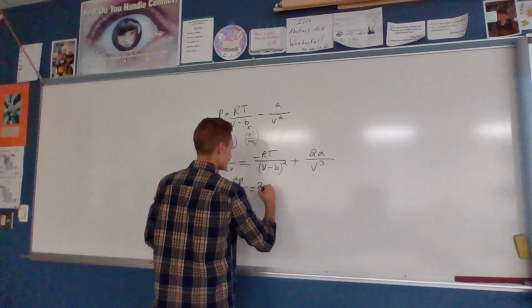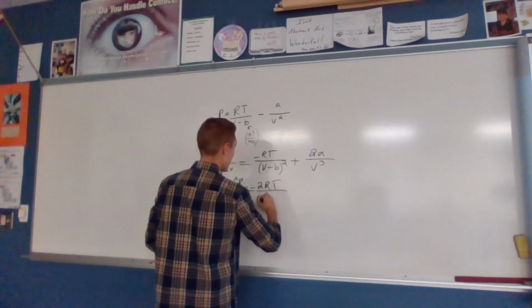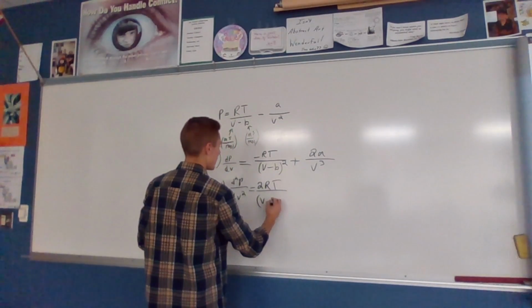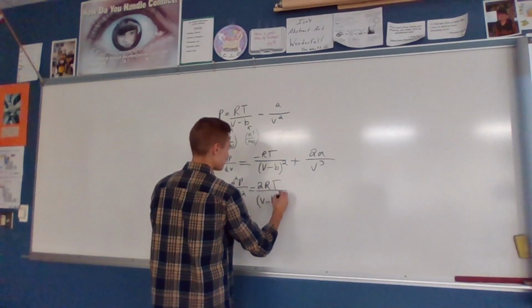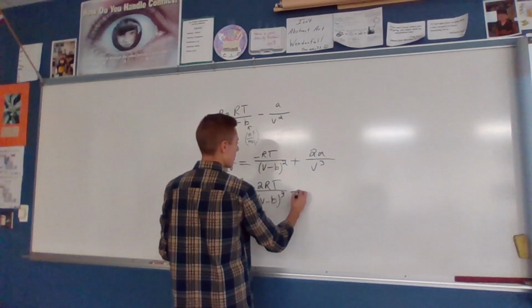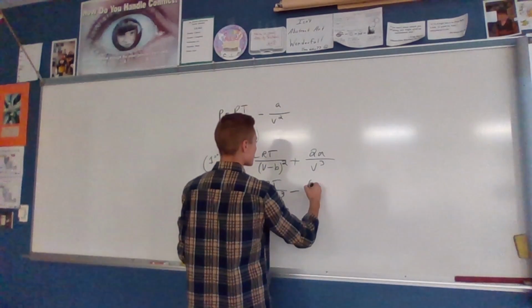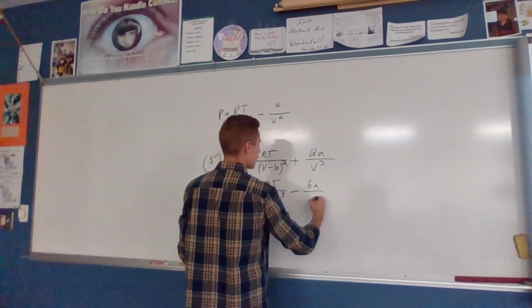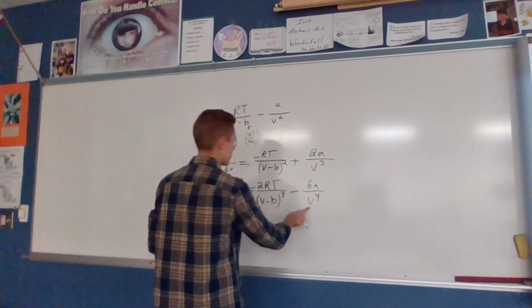So we have 2R times our temperature over our specific volume minus our volume of our molecules, cubed, minus, this is going to go to 6A over V to the 4th power, our specific volume.